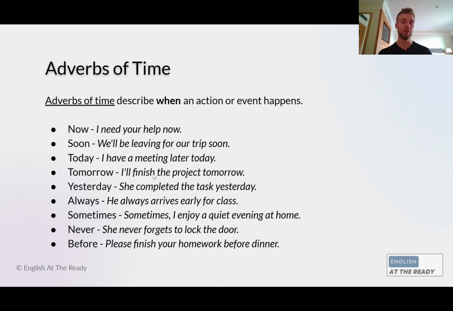Tomorrow. I'll finish the project tomorrow. Yesterday. She completed the task yesterday. Always. He always arrives early for class. Sometimes I enjoy a quiet evening at home. Never. She never forgets to lock the door. And before. Please finish your homework before dinner.